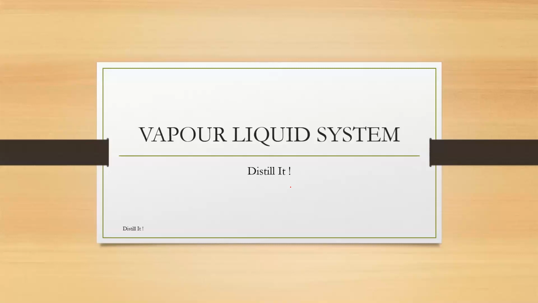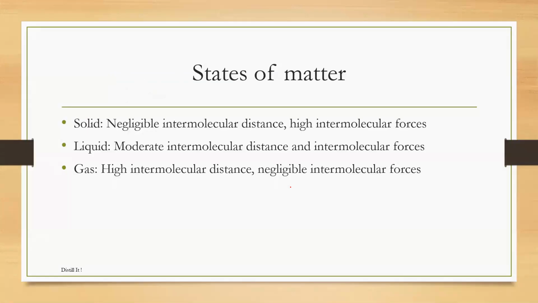Now, today, we are going to study the vapor liquid system. When we are studying the vapor liquid system, the first thing that comes to mind is the states of matter. We all very well know about the three states of matter: solid, liquid, and gas. In solids, the intermolecular distance is negligible, while the intermolecular forces are very high.